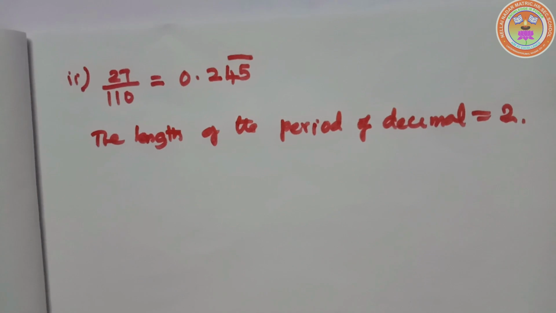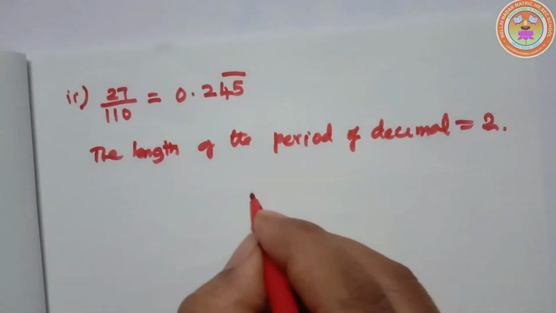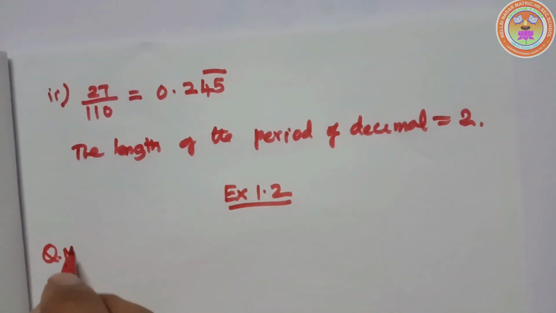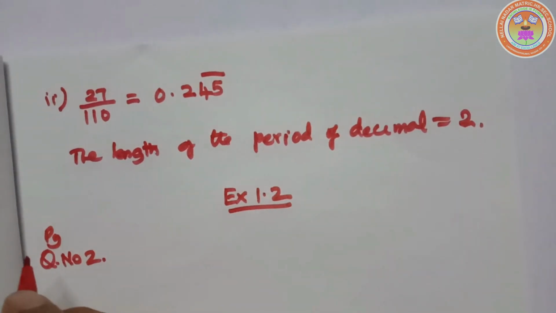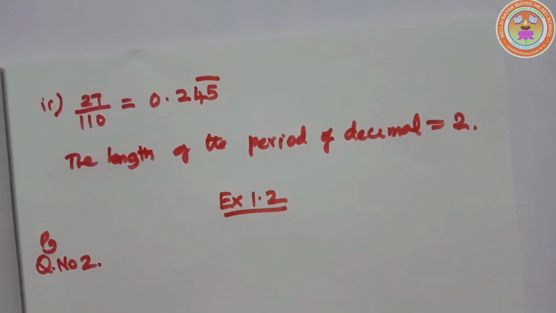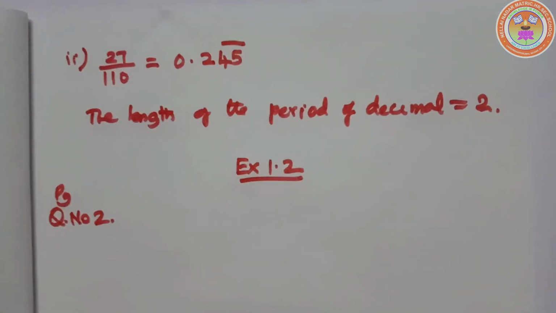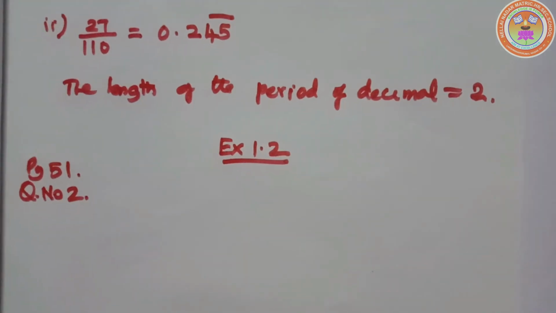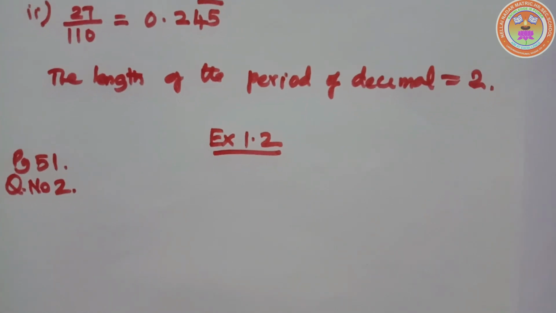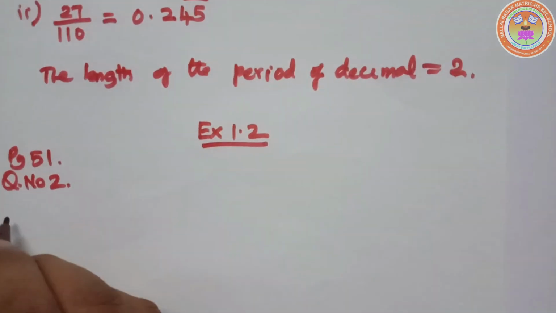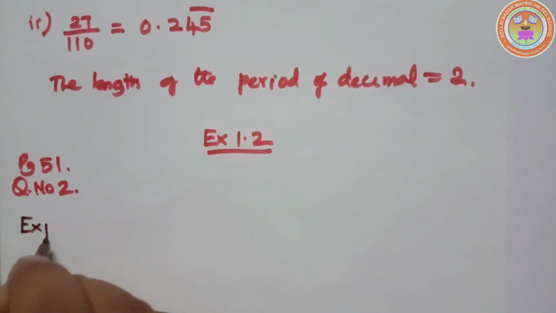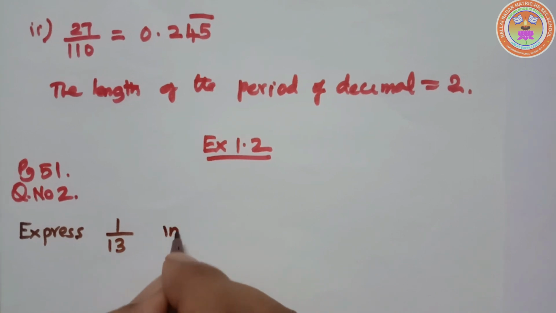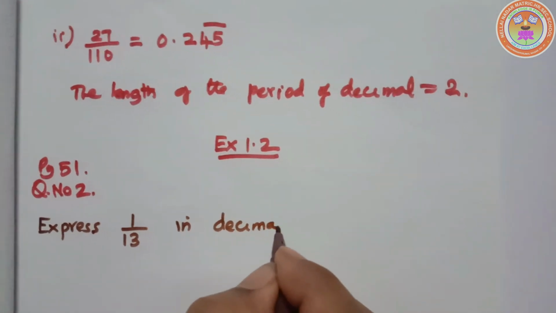Exercise 1.2, question number 2. It's on page number 51. The question is: express 1 by 13 in decimal form.